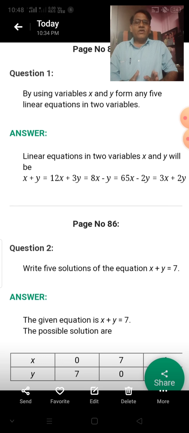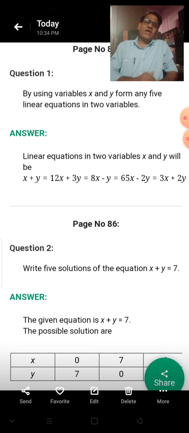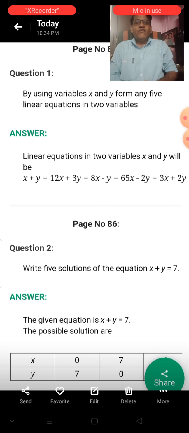If the power of the variables in the equation is always 1, then that equation is called linear. In other words, when we draw the graph of a given equation and we get a straight line, then that equation is called a linear equation.